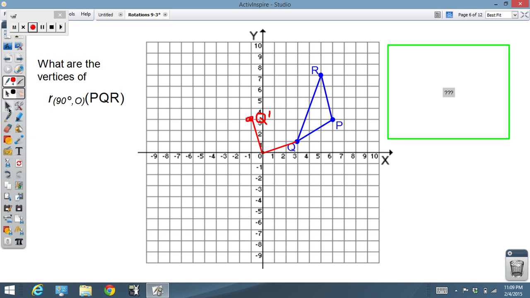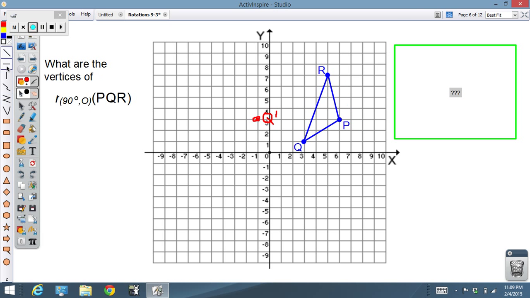We'll do the same thing for P prime. Let me also point out how I know the distance is the same: basically I'm using the Pythagorean theorem. From P, I go to the origin, and I've got a line that went down 3 and over 6.